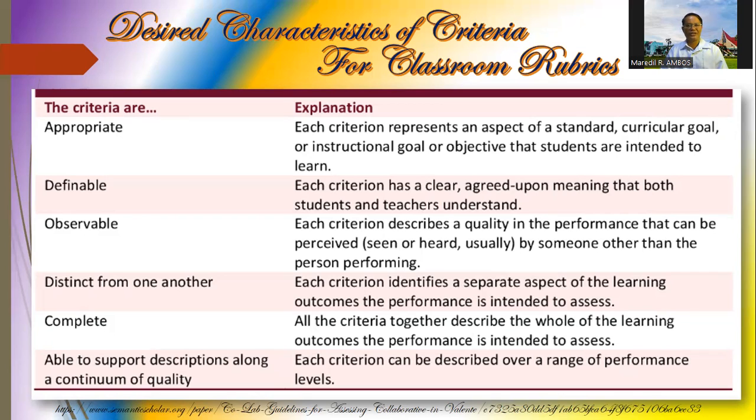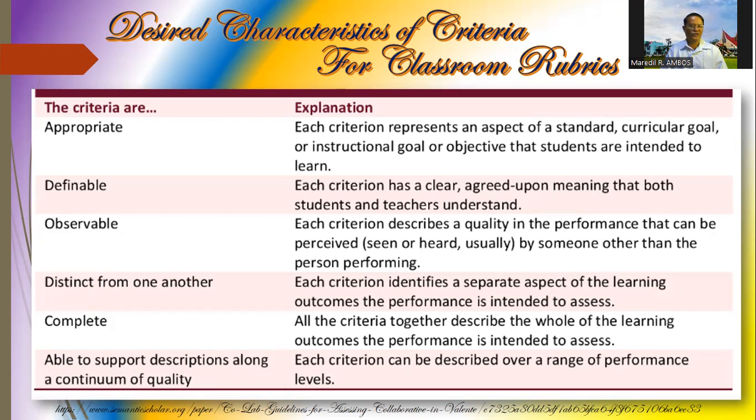Each criterion has a clear, agreed upon meaning that both students and teachers understand. The third is observable. Each criterion describes a quality in the performance that can be perceived, seen, or heard, usually by someone other than the person performing.